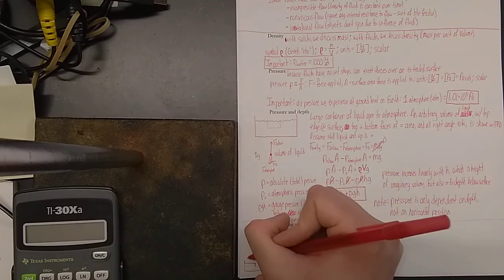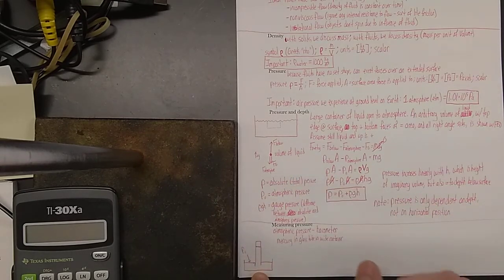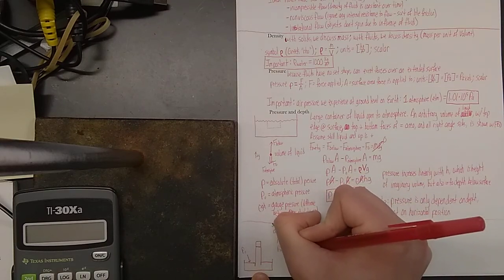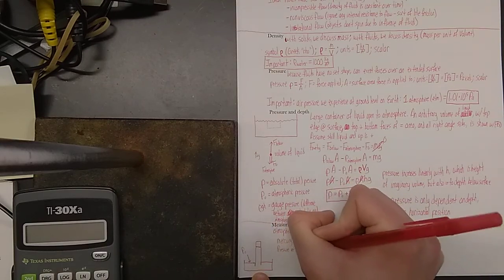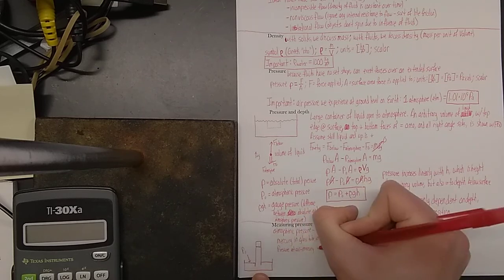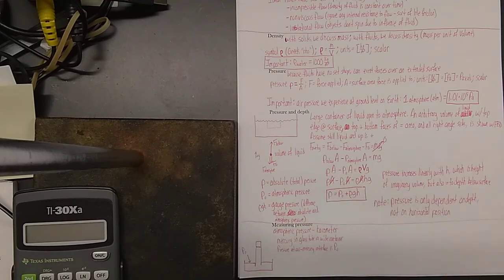Now, right here, the pressure at the air-mercury interface is the atmospheric pressure, P naught.